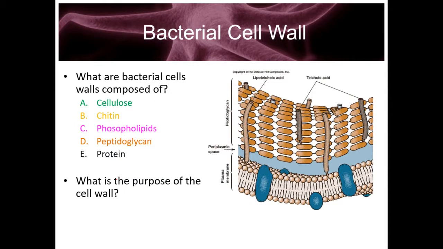What is that cell wall made of? So we've learned about a lot of these different structures. D, good job, peptidoglycan. So that's a word you're going to want to remember, all right? And this peptidoglycan layer can be thick, a real thick mesh-like structure, or it can be thin.